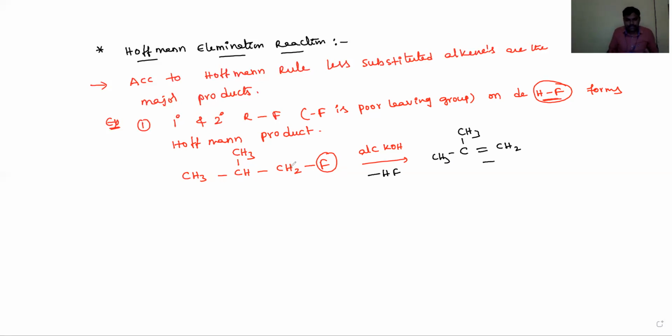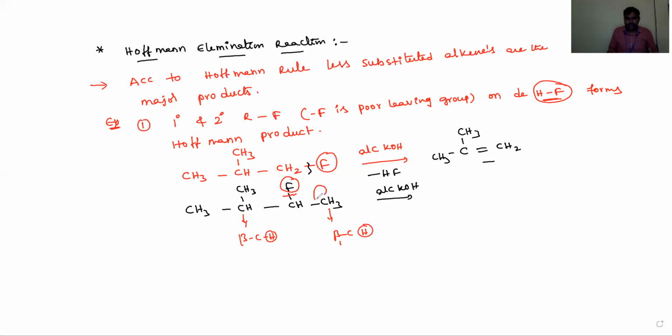But if you are taking this secondary alkyl fluoride, on dehydrofluorination with alcoholic KOH, the major product is... Here the beta carbons containing hydrogens are present on both sides.